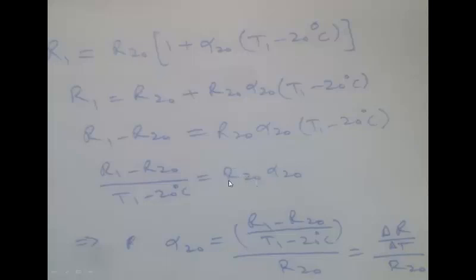We divide by R20 on this side. So this is delta R, this is delta T, and this is R20. So alpha can also be specified by this relationship.